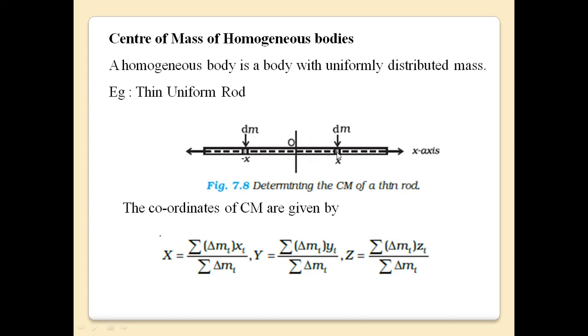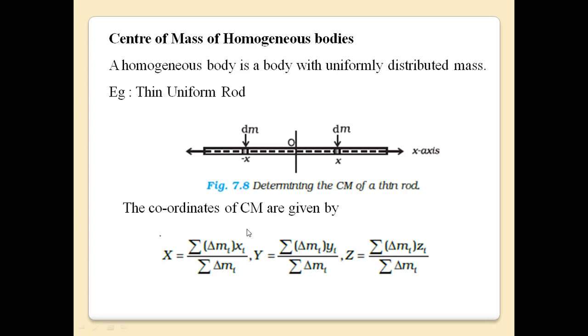If you observe this thin uniform rod, there are particles on the positive x-axis, and there are an equal number of particles on the negative x-axis also, if the origin is at the center. This is called reflection symmetry.